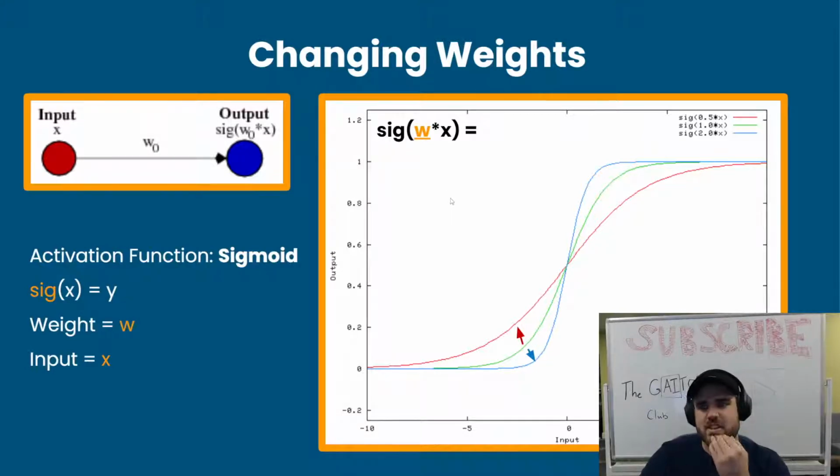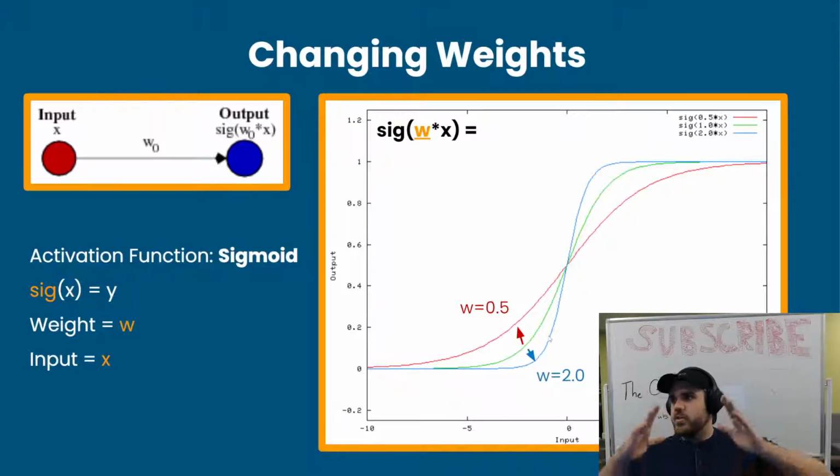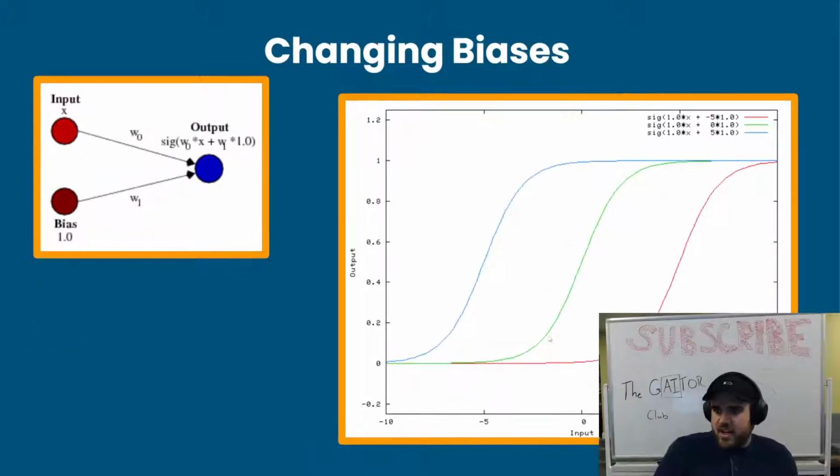Now if this was a linear function, it wouldn't really scale anything. It would just move the function up and down, right? But as you can see, the w here is at 1/2 and it scales a little bit down, and the w here is at 2 and it scales up, right? So we can fit our data to be around these data lines, right?